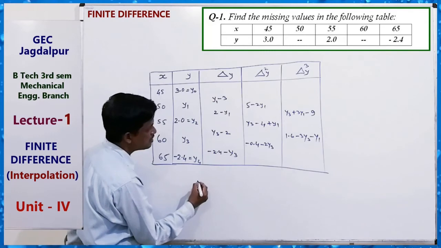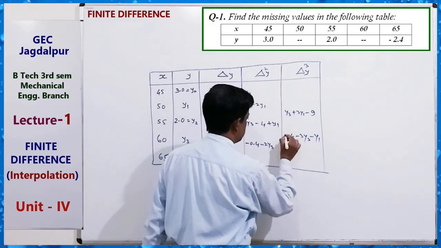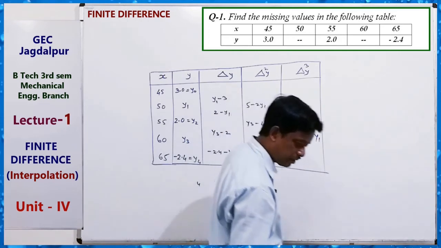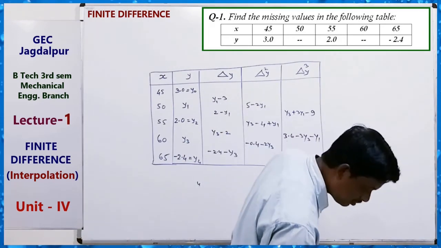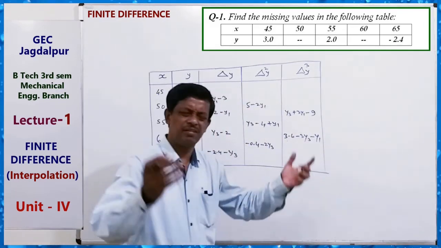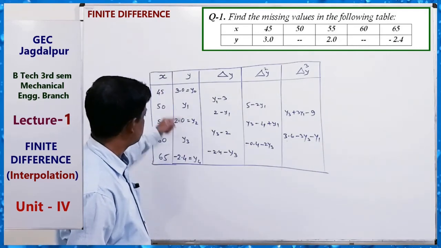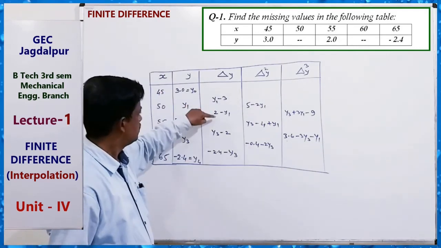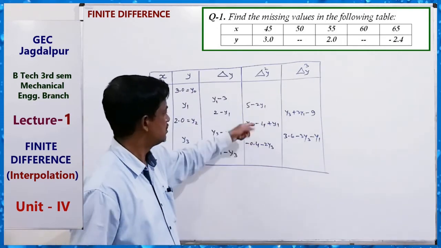So minus 4 minus 3.6. Okay. 3.6 minus y1 minus 3y3. These are the differences. Just as usual, this minus this, this minus this, and so on.